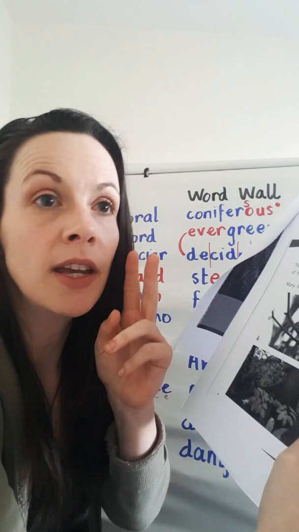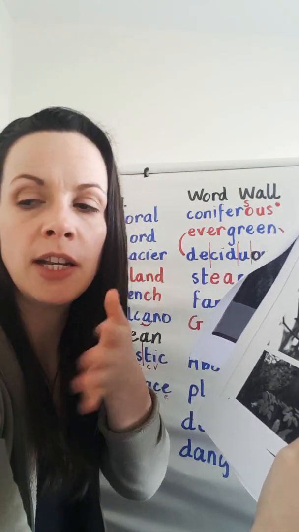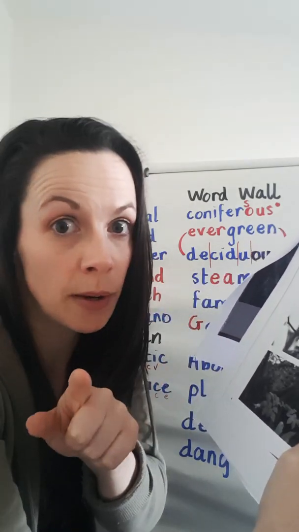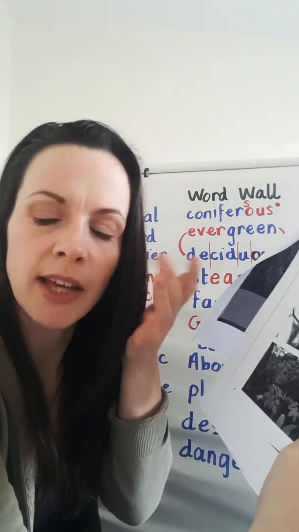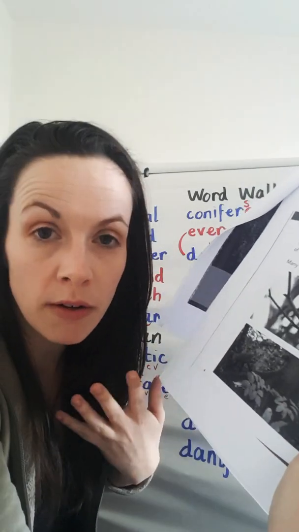We can give a guess ourselves, and we can predict, and we can infer, which is our new comprehension strategy, just guessing from what we know already from the cover. What are the bad things that come from cutting down trees? But in the book, it tells you exactly. Can you find those 2 reasons why it's bad to cut down trees?